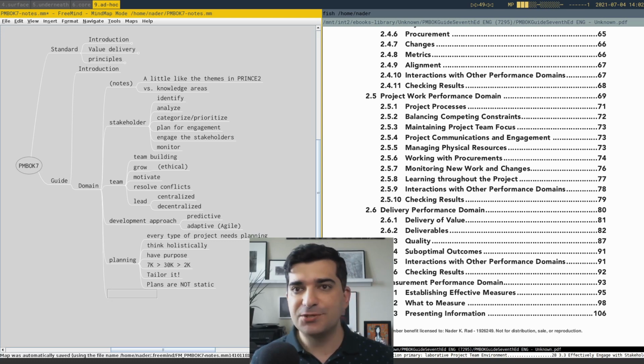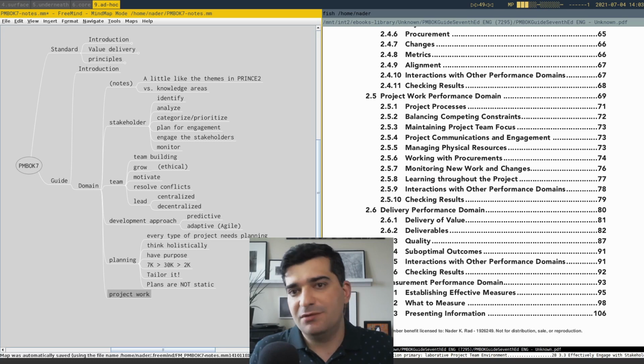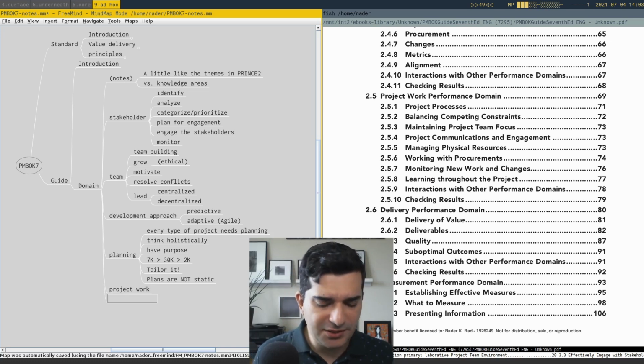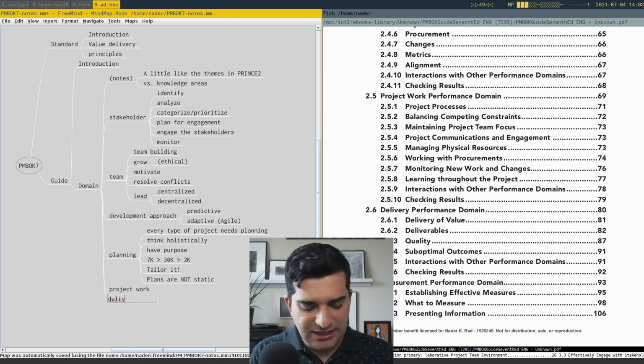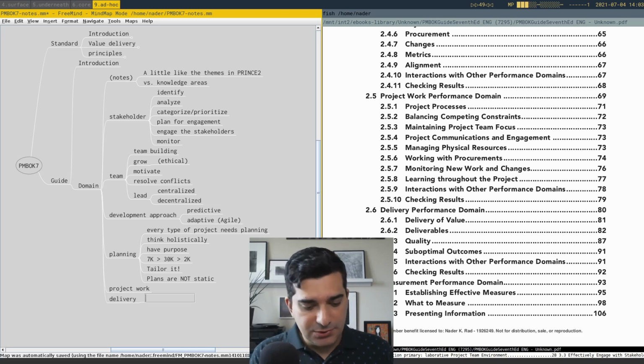The next domain is project work. It's simply about executing the project. I'm not going to go through the details here. The next one, the delivery domain. It's about delivering the expected outputs.